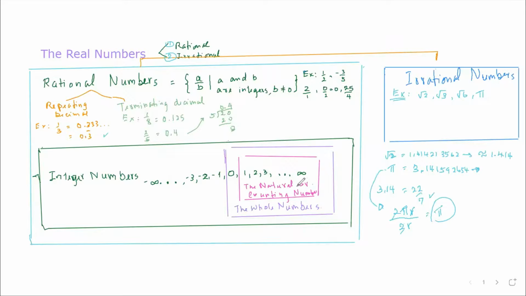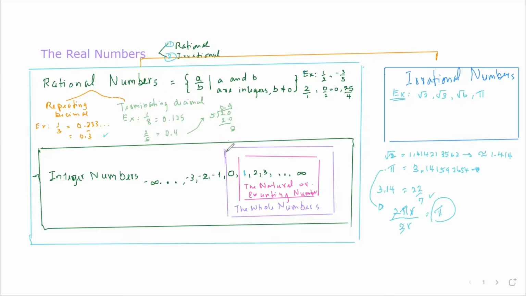You can remember it easily: counting numbers, you count them. For example, if I ask you how many students are in your class, you start to count from number 1, right? So 1, 2, 3, you keep counting. That's why we start from number 1 here. So these are natural numbers or counting numbers.